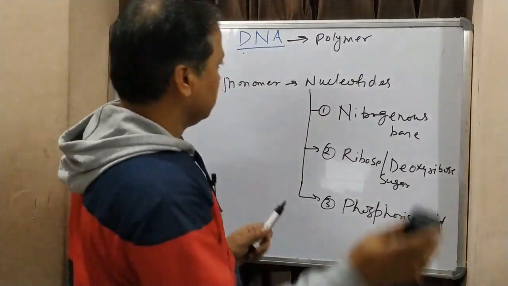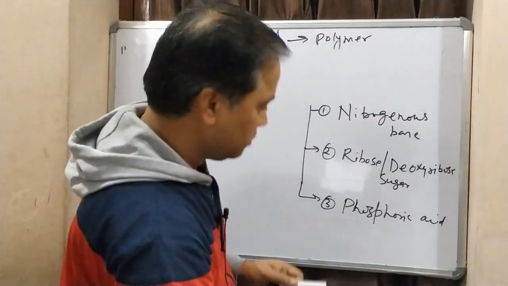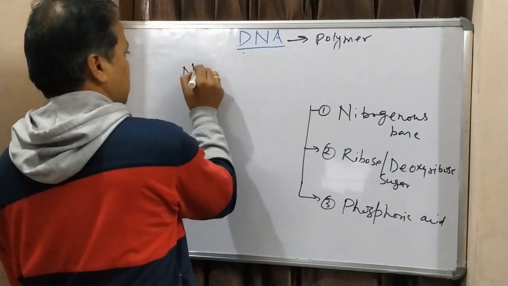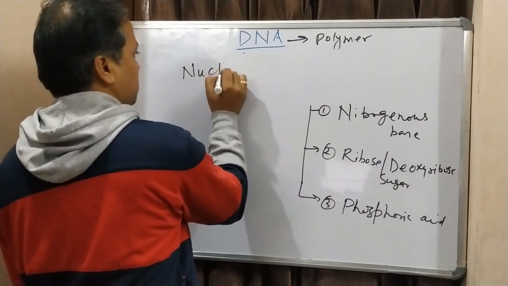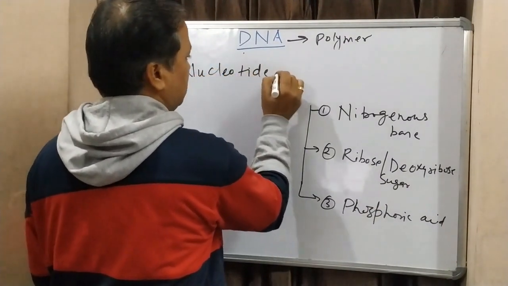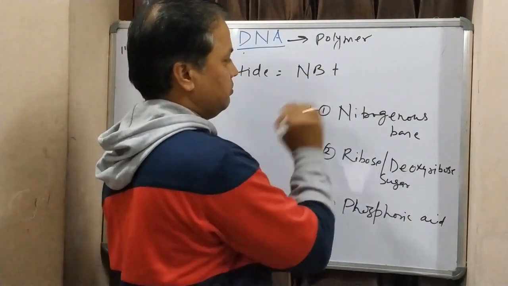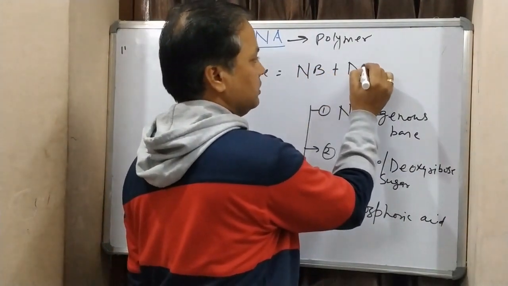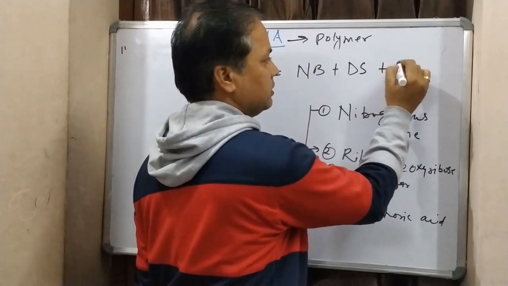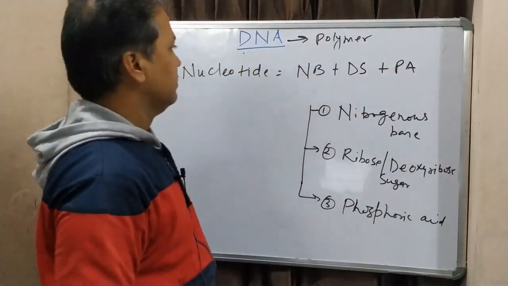Nucleotide equals nitrogenous base plus deoxy sugar plus phosphoric acid.